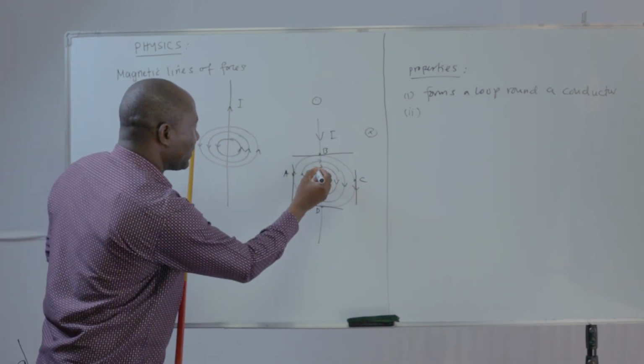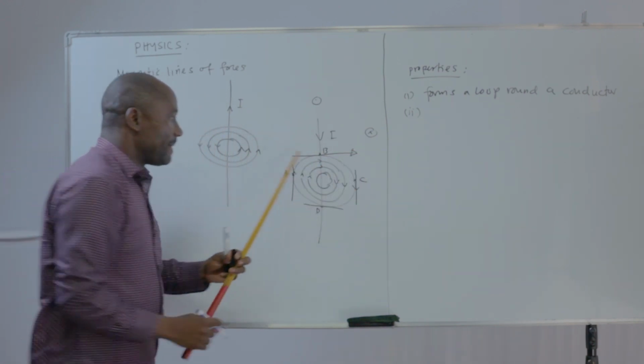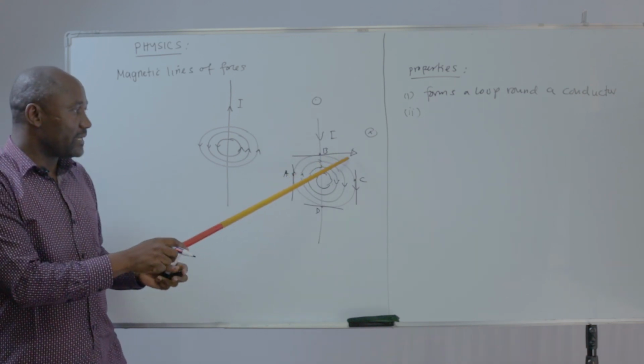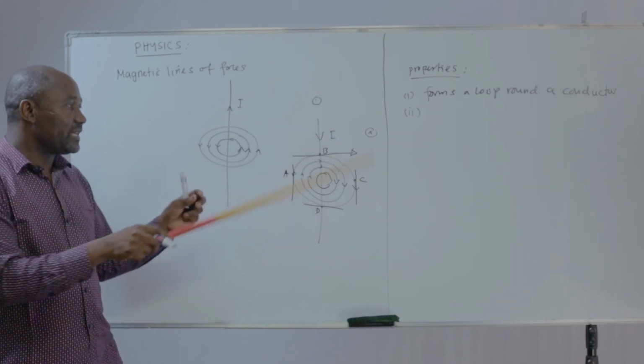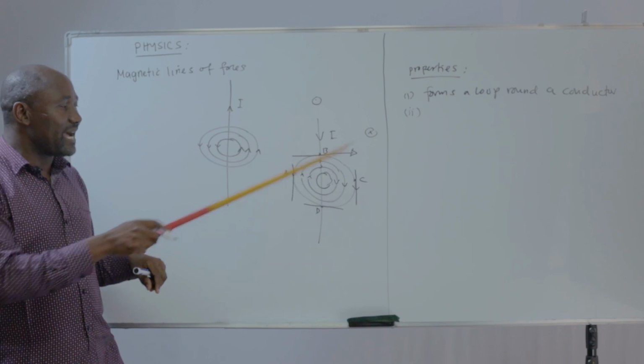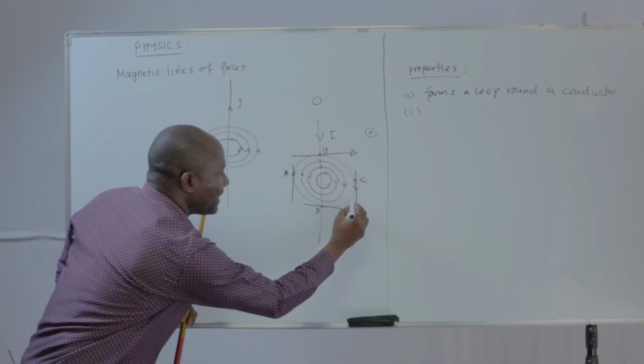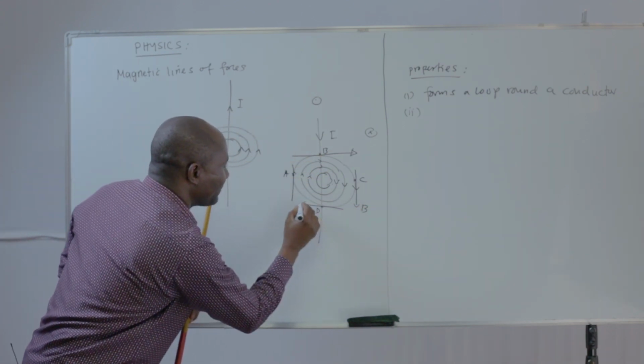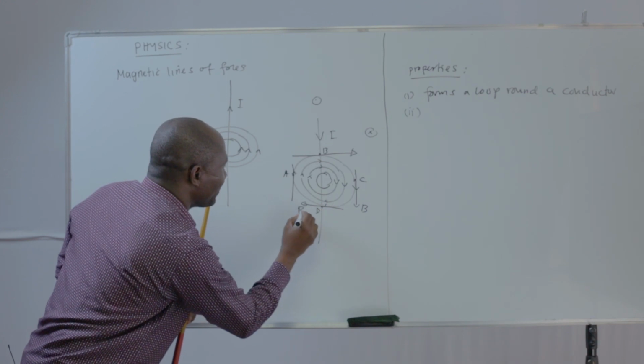If we make a follow-up here, this gives the indication of where the magnetic field or magnetic flux density will be acting. Here magnetic flux density will be acting down. Here magnetic fields will be acting this way.